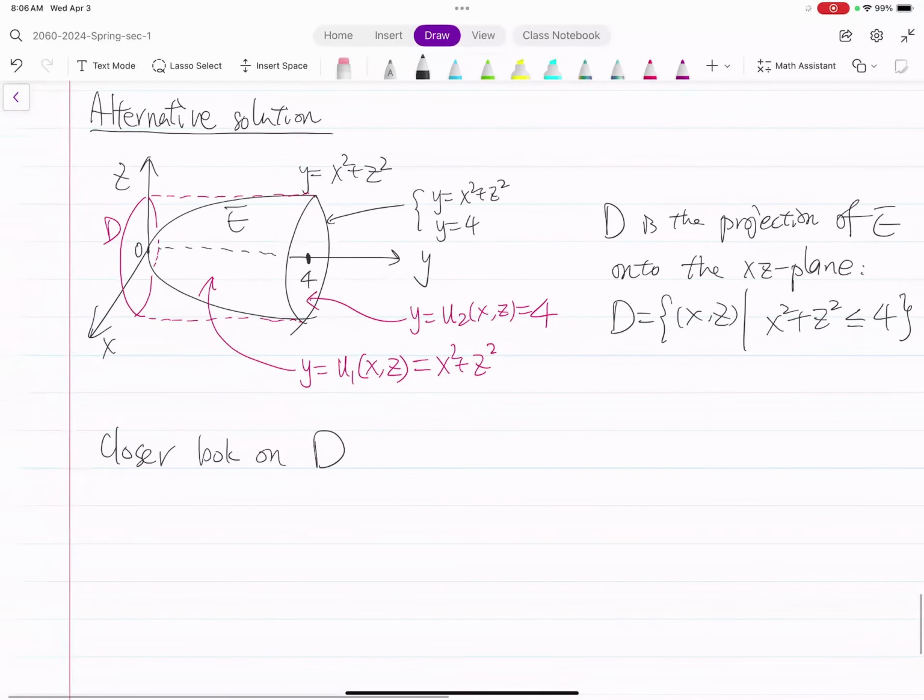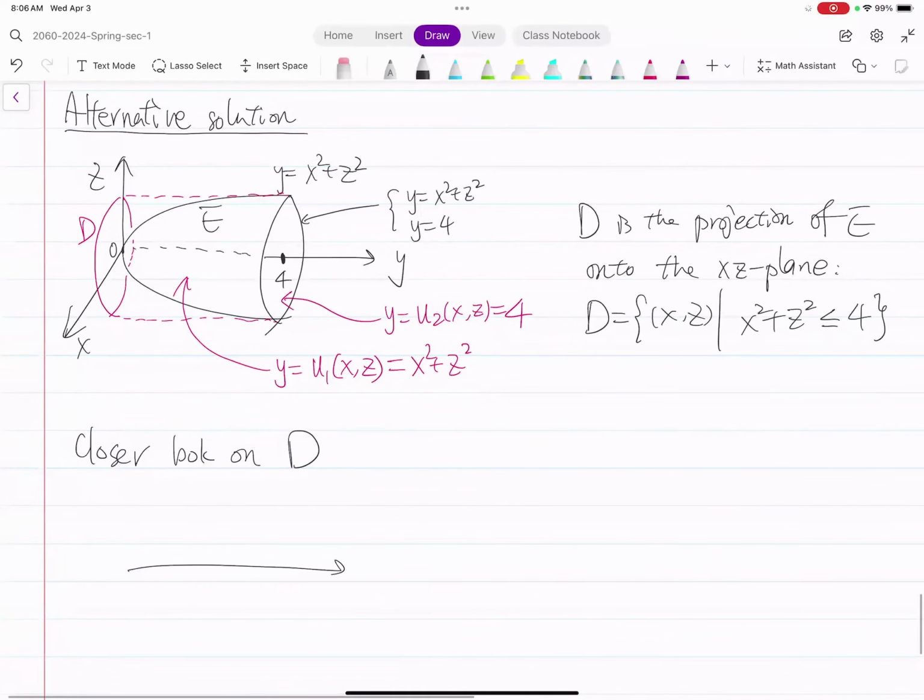But let's just quickly take a closer look. So we have a circle in the x-z plane. Okay. So basically, the circle is centered at the origin, and the radius is 2, right? So x squared plus z squared is 2 squared. And then here we have, again, multiple ways to describe it.